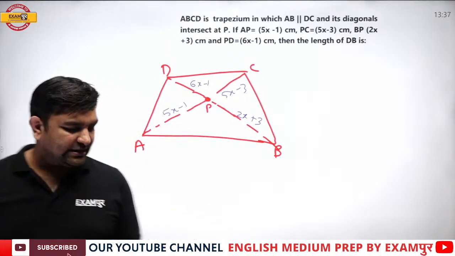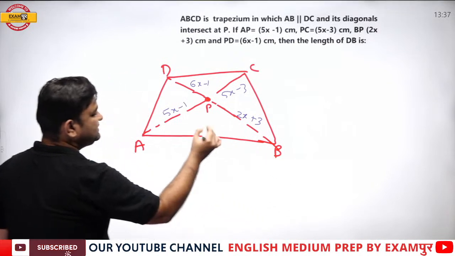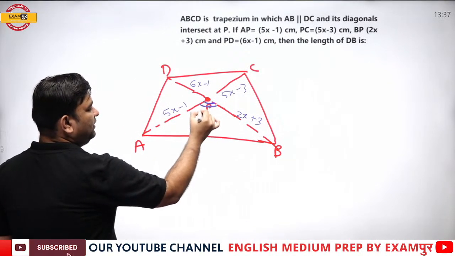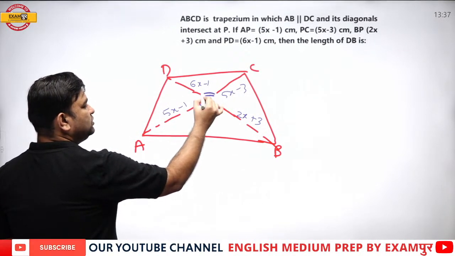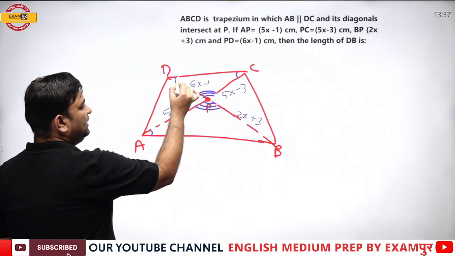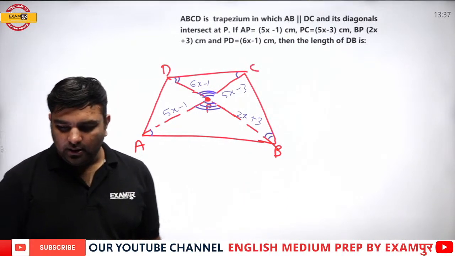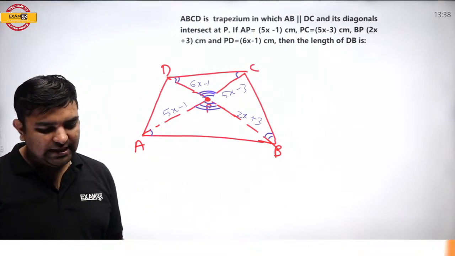Whenever diagonals intersect like this, there is a formation of similar triangles, by vertically opposite angles, adjacent interior angles, and alternate interior angles. So these two triangles are similar.